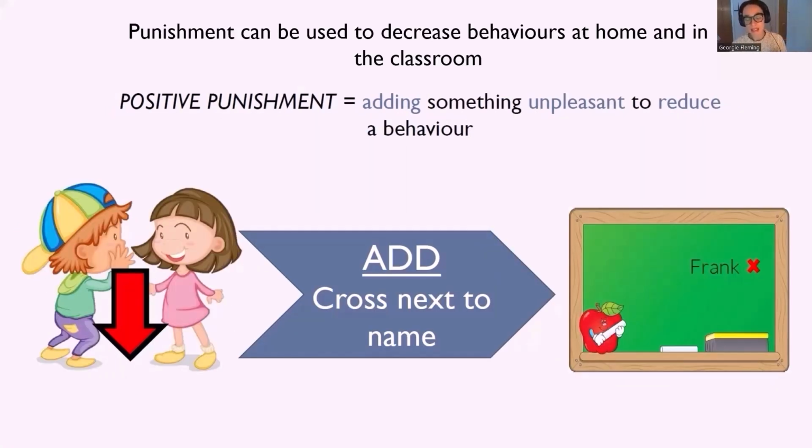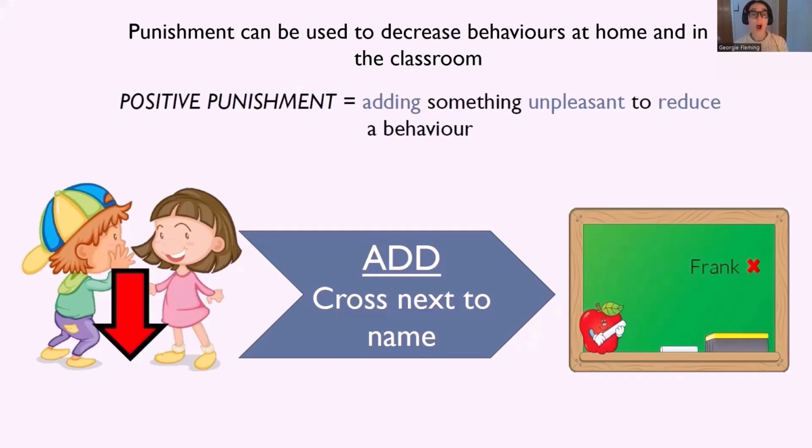Last example here, I think, is that you have a kid who is being disruptive by talking loudly in class, interrupting others, being sort of annoying. And so what happens is that you put a cross next to their name on the board, or you move them from fire into not fire, or whatever it is. There's that sort of public display that they aren't acting in the way that we would expect them to act.